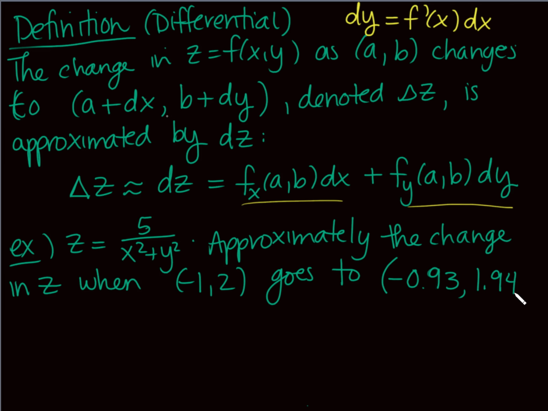So fairly small changes, right? 7 hundredths, 6 hundredths here. And how we find that is we just evaluate this right here. Notice that what we mean by (a, b) is my initial point. So to estimate this, I want f sub x of my initial point (-1, 2), and then times the difference between these two, where I ended minus where I started.